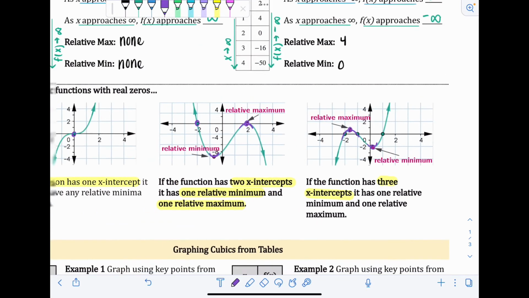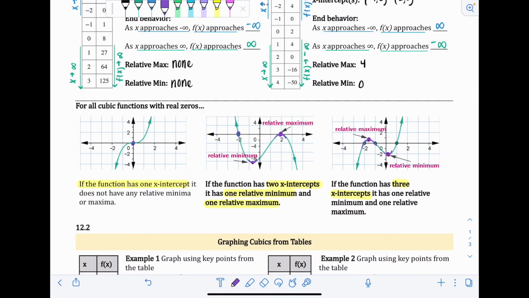So these are helpful to know to check yourself in your work, but this isn't something you need to memorize. It's something you can reflect back on to eliminate stress, especially with the first example where, okay, I only have one x-intercept, I can't find the max or the min, so you're not running in circles.